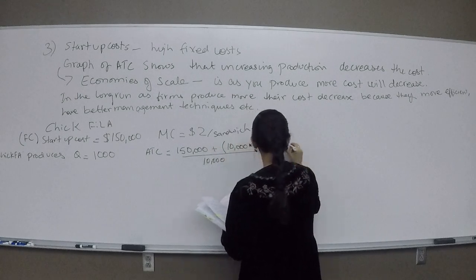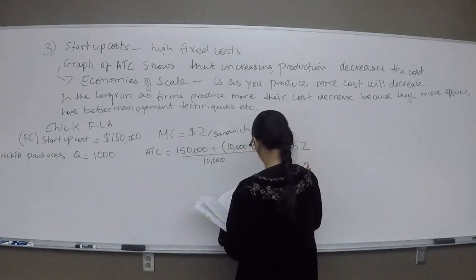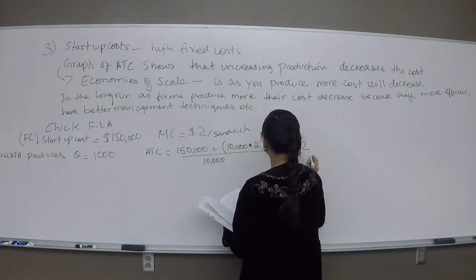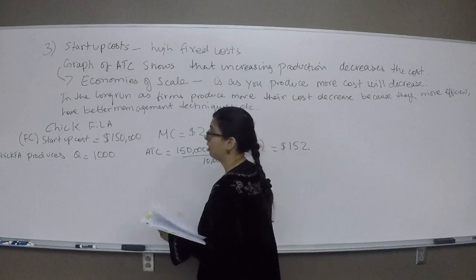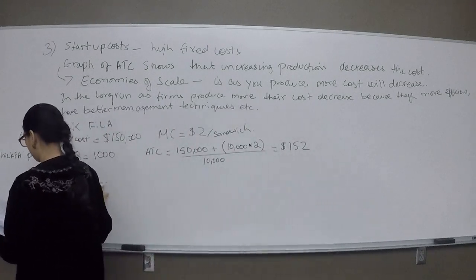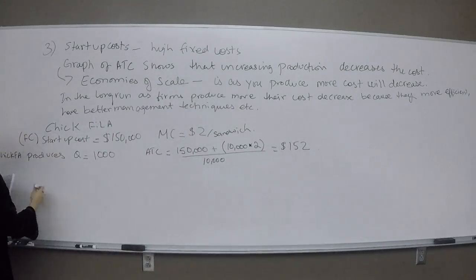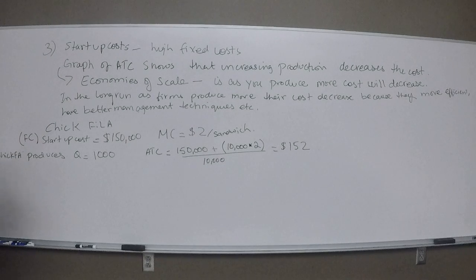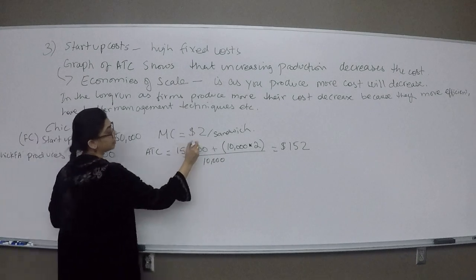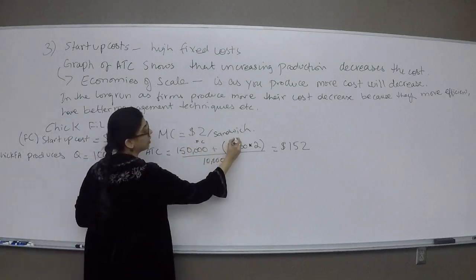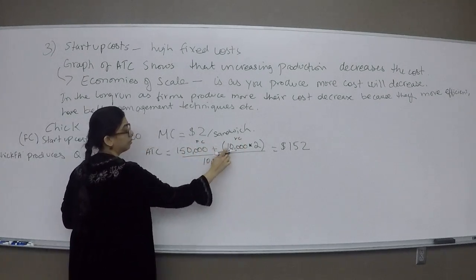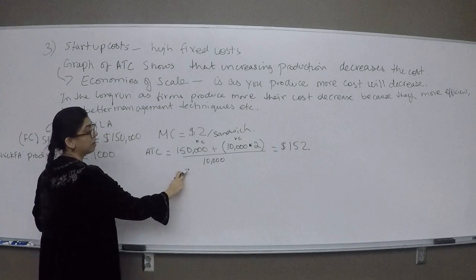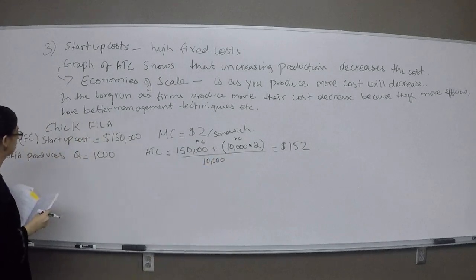So this gives you $152. The average total cost is coming out to be $152 if they're producing 1,000 sandwiches. So this is the fixed cost component, this is the variable cost component. And you divide that by the quantity, you get the ATC.